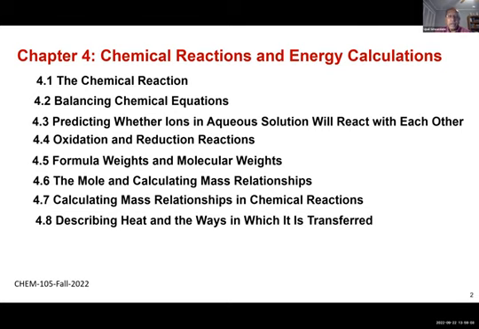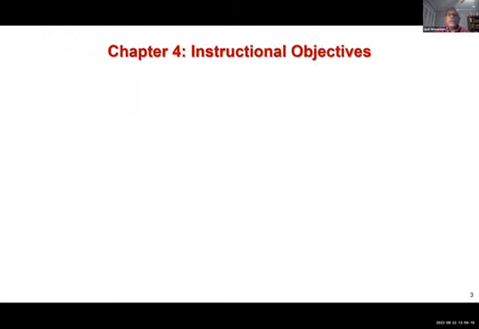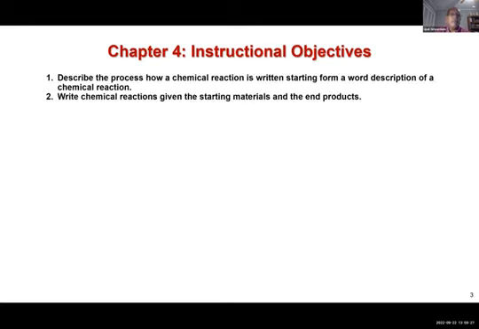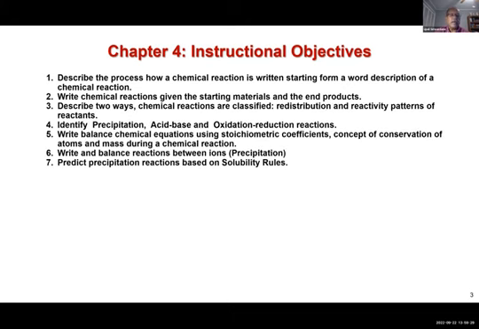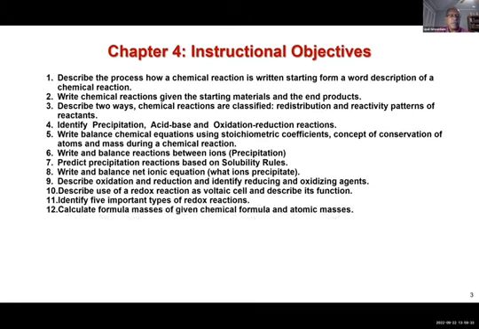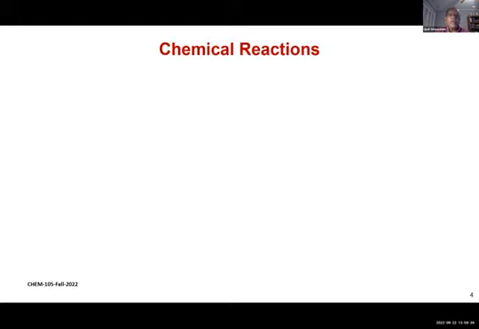We have to calculate how much heat is produced during a chemical reaction. We're going to look into these 8 ideas. Heat of reaction is also calculated. I am not going to go through the instructional objectives right now because we have to go through a substantial amount of ideas that cover those 8 or 9 topics in the table of contents.